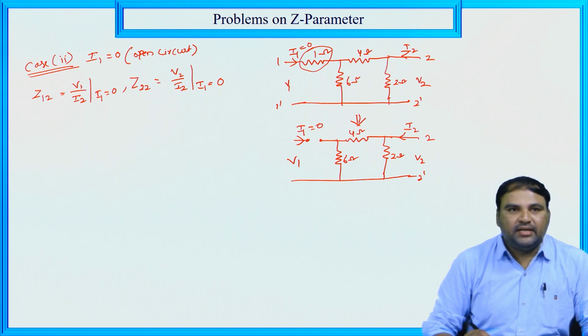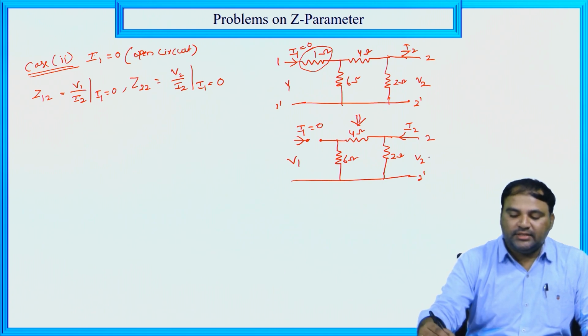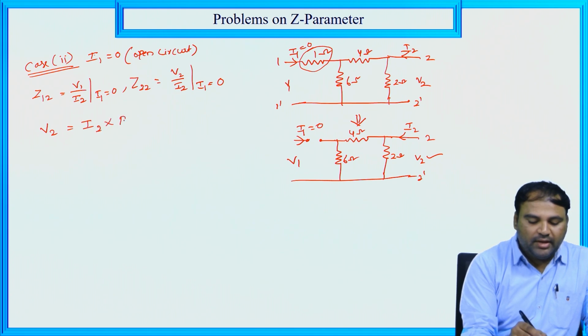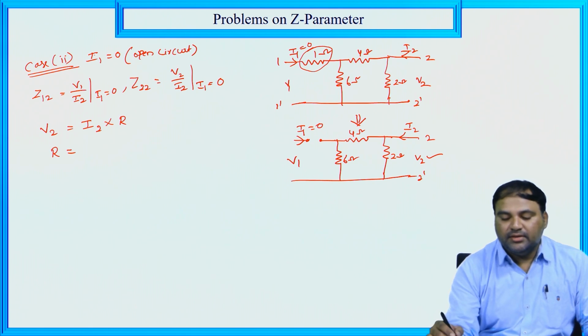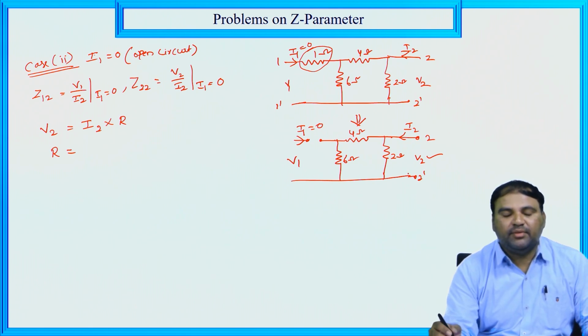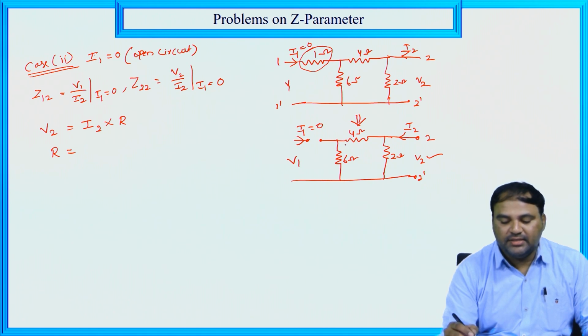Now in this case also, first we have to find out the total voltage of the given circuit. In the given circuit, the total voltage is V2, where V2 is equal to I2 into R, as we already know. Then we have to find out R. So R is the total resistance on this side. We have to start from the opposite side. On the opposite side, 4 ohm and 6 ohm are in series.